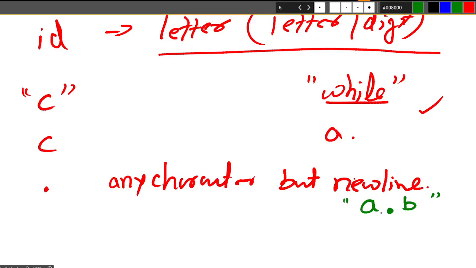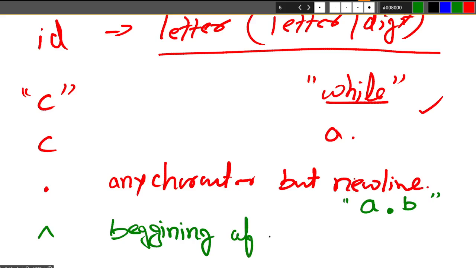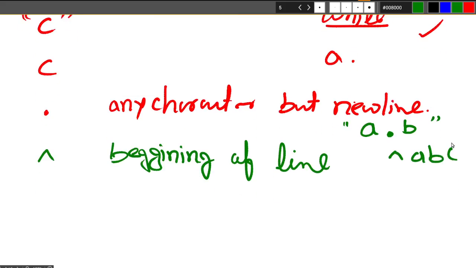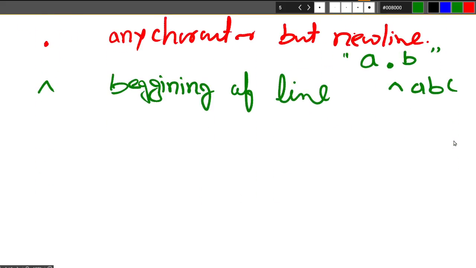If you use this cap operation, this is always the beginning of a line. So you can always write it as cap A, B, C, so lines should start with ABC.